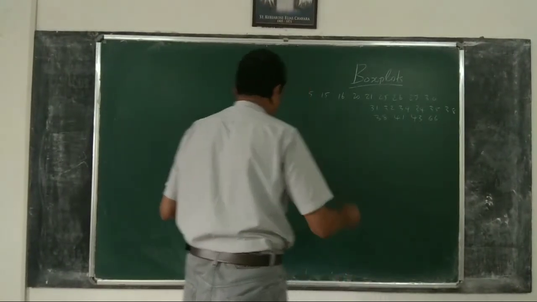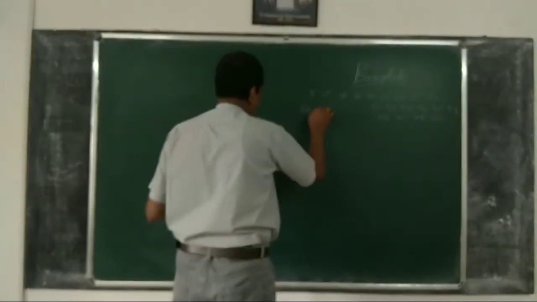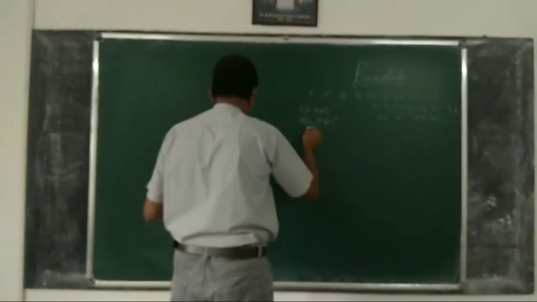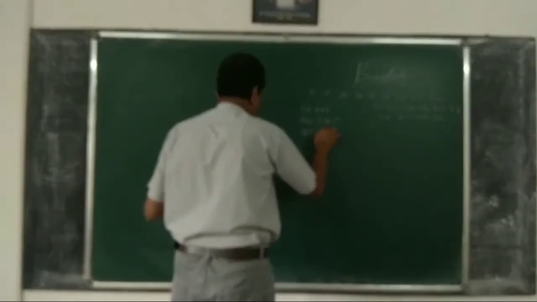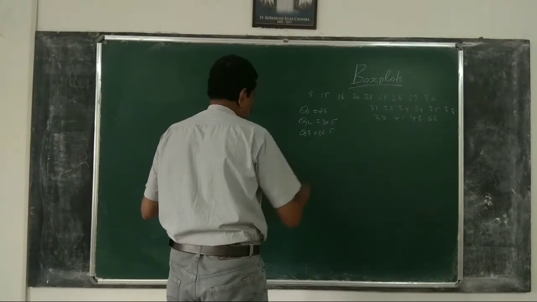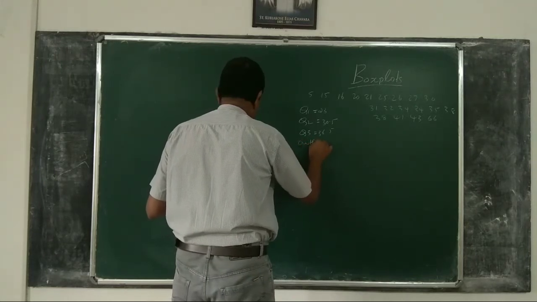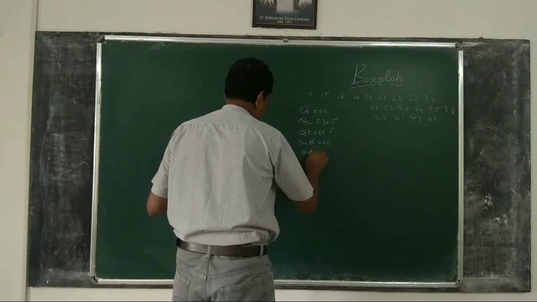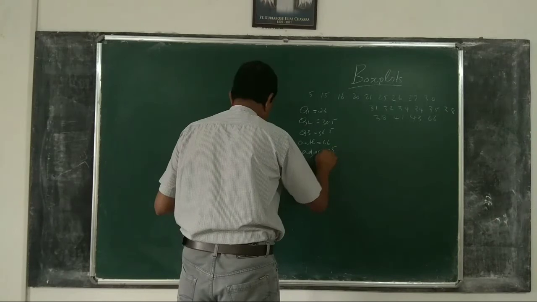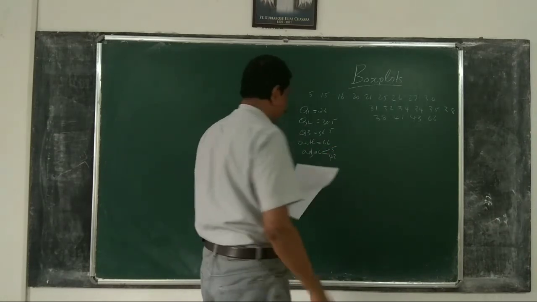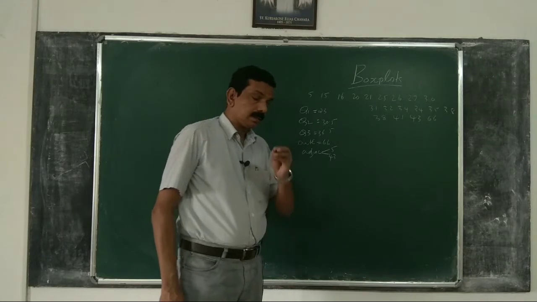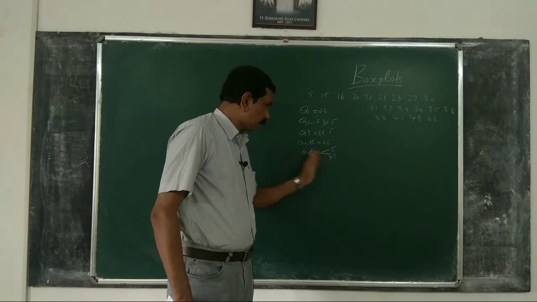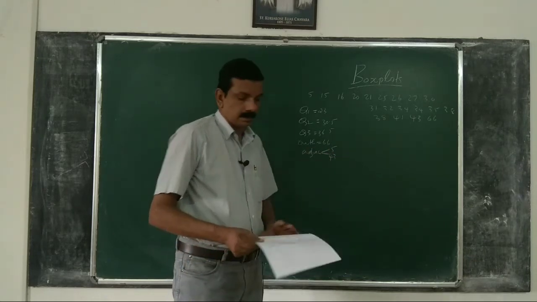For this data set, as we have calculated, Q1 was 23, Q2 was 30.5, Q3 was 36.5. There is an outlier, 66. Adjacent values are 5 and 43.